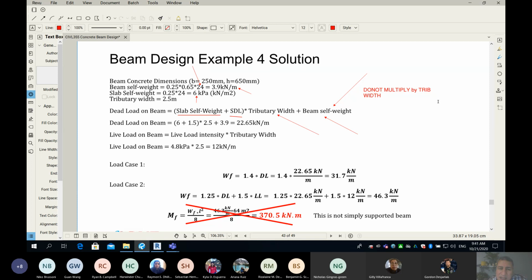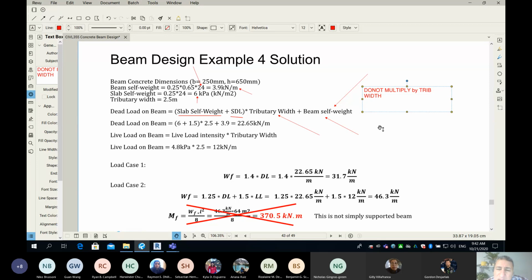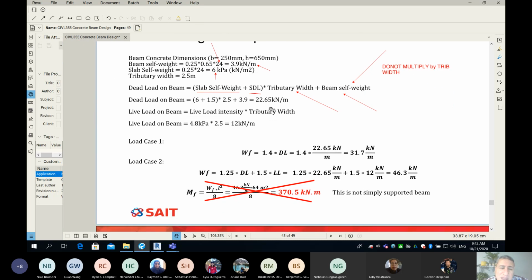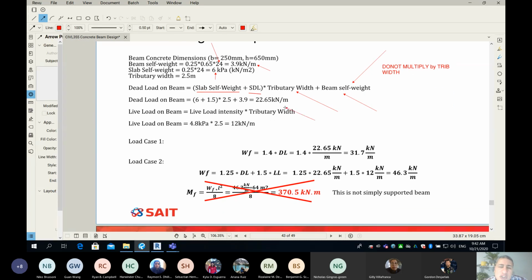Because some students don't know what they are doing, and they come back to the self weight of the beam and multiply by 2.5. Think about it and you will see. Do not multiply the self weight of the beam by 2.5. We only multiply the weight that comes from the slab by 2.5. Anything else, don't multiply. And here is the number: 22.65. That's the total dead load going to your beam as the linear load.